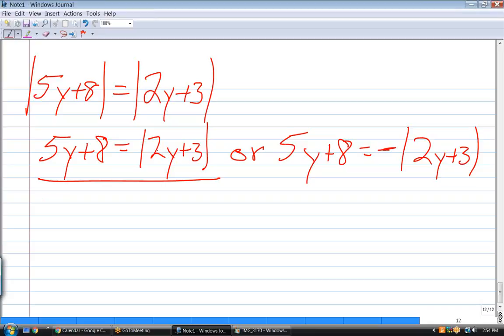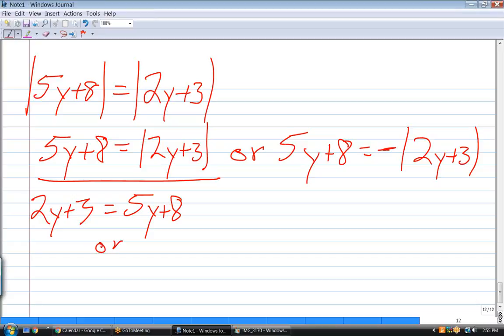Start with what's inside the absolute value marker. Always start there. And just to be consistent, I would always put it on the left. So the first thing I'm going to write is 2y plus 3 equals 5y plus 8.